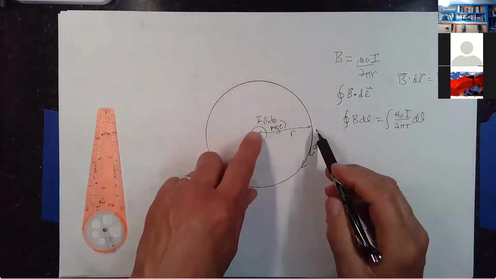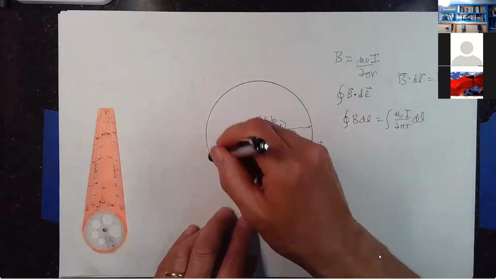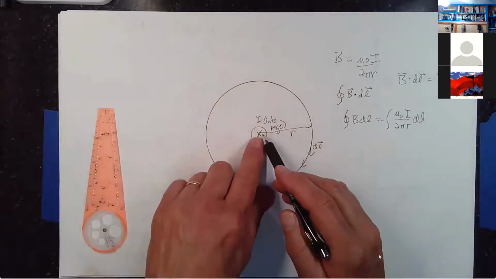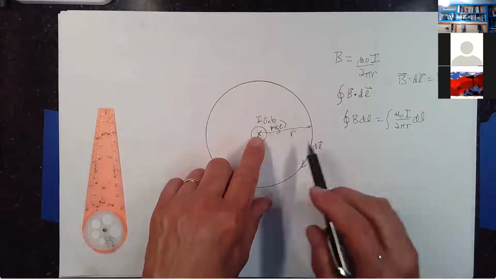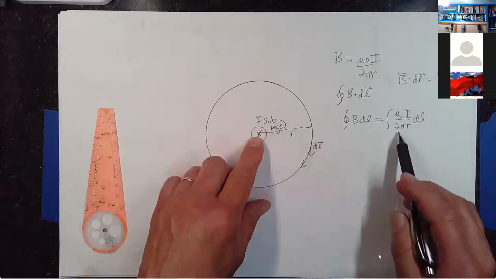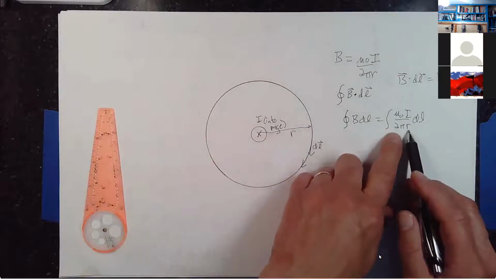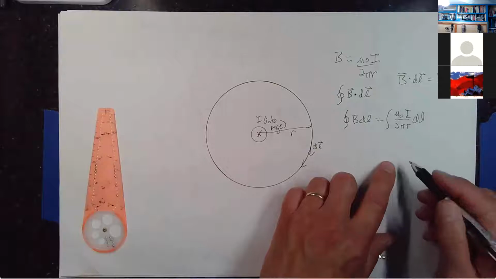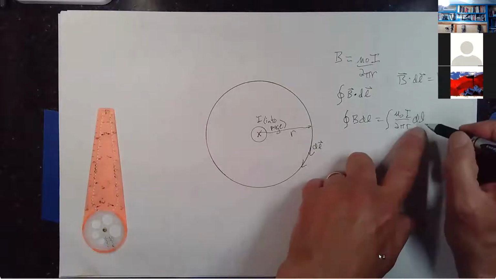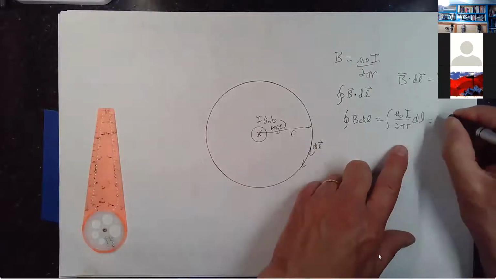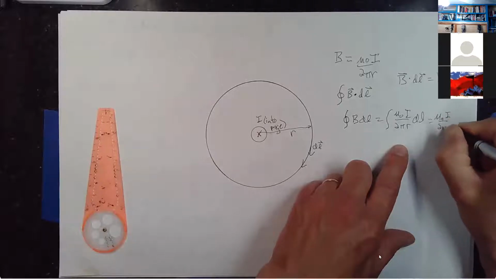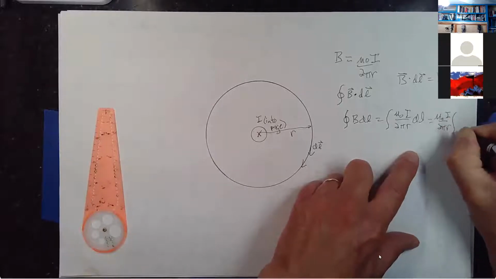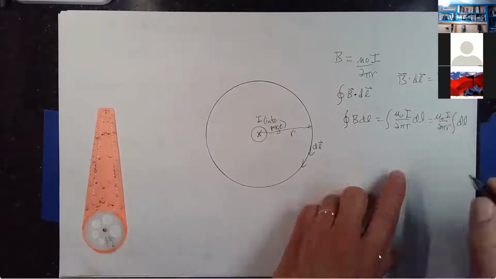I picked a loop that was always the same distance away from the center of the wire, and so r is going to be a constant, this little r, and everything in the integrand is a constant except for the dl. So this just becomes mu naught I over 2 pi r times the integral of dl.